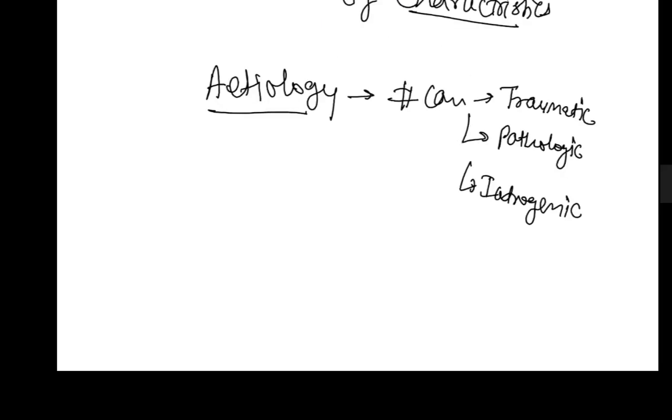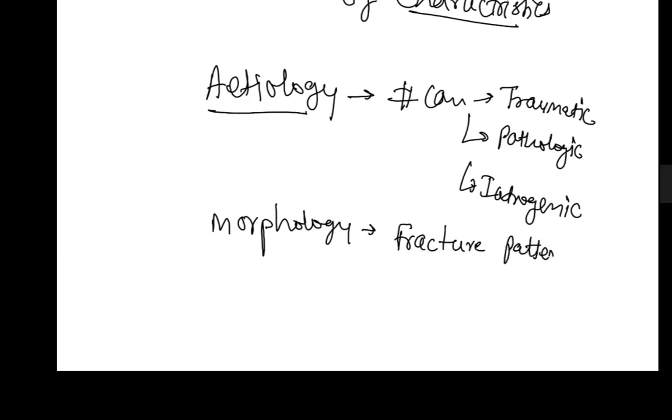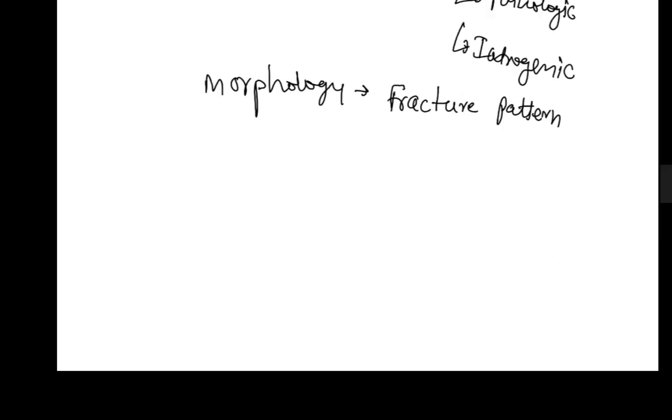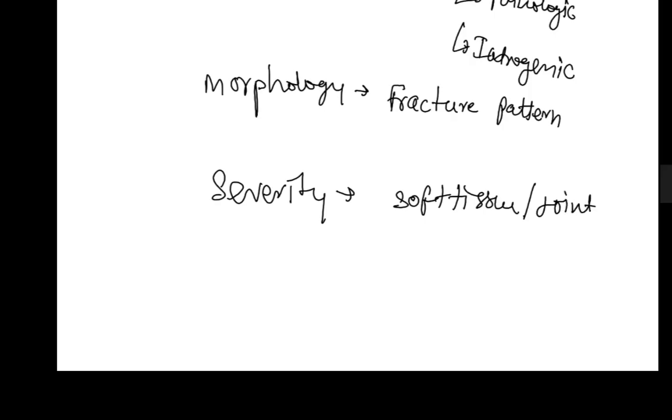If we talk about morphology, in morphology we talk about the fracture pattern. Then comes the severity of the fracture, either the involvement of soft tissue or a joint, or association with any neurovascular structure, and the degree of comminution at the fracture site.